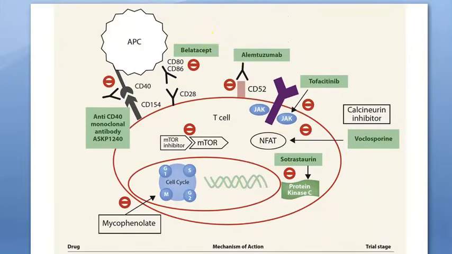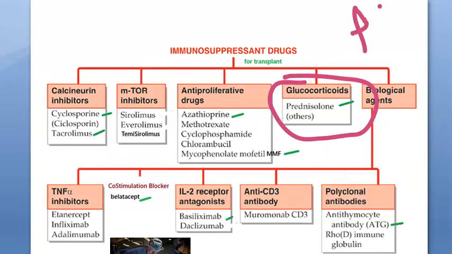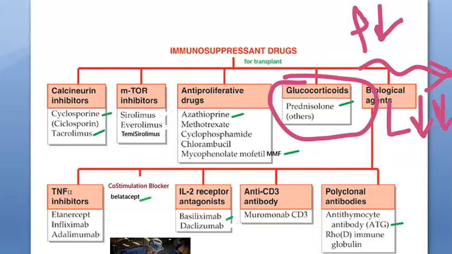Now let's go to the third one, guys: glucocorticoids. Example, prednisolone. This will do almost everything, but it won't inhibit anything specifically, it will just decrease the action of everything. It decreases phagocytosis, releases some proteolytic enzymes, decreases lymphocyte activation and proliferation, decreases cytokine production and antibody production.